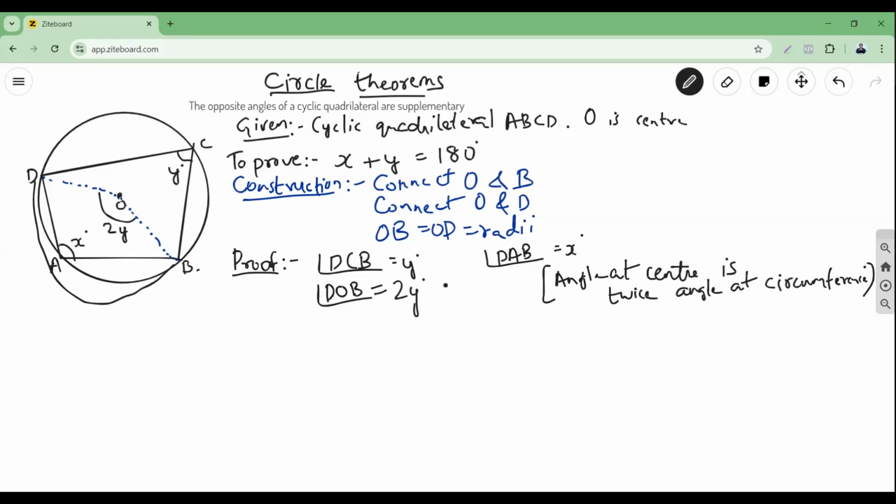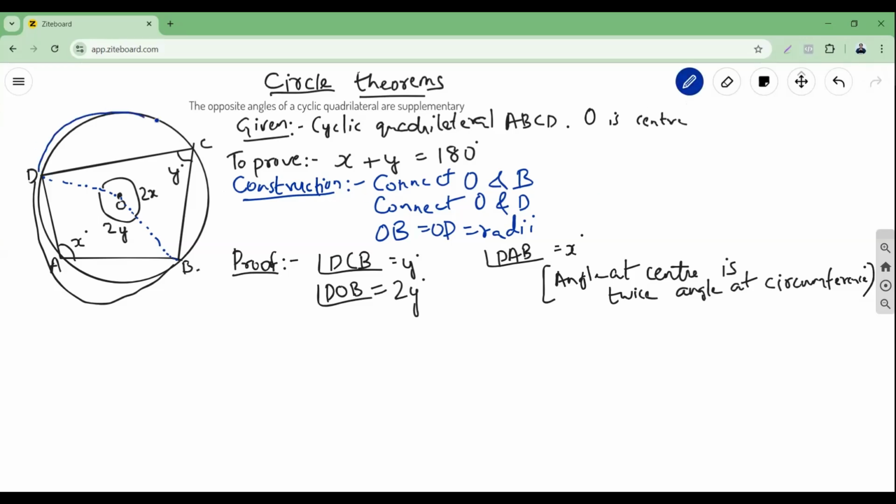We write that. Similarly, if DAB is x, then what is that arc? The arc is this side, the major arc DB. For clear understanding, let me draw it in a different color, maybe. That will help you to figure it out.